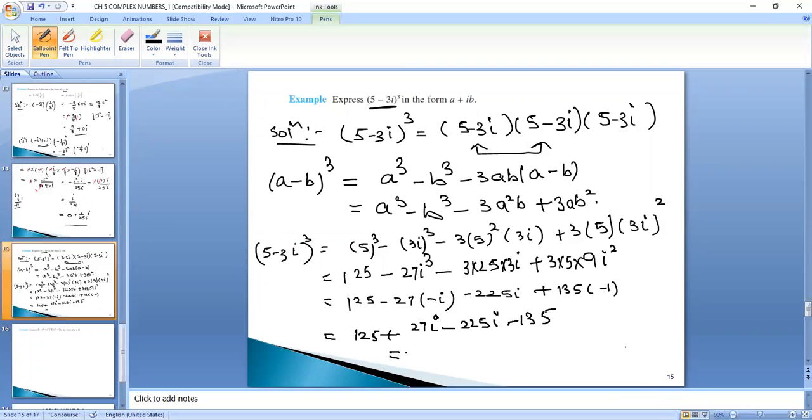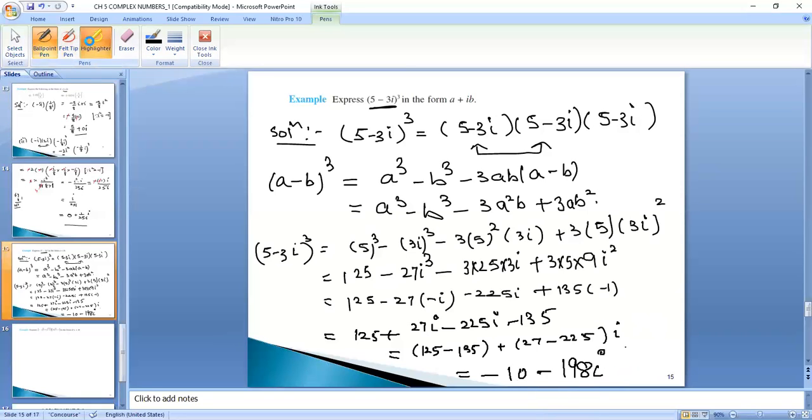Real terms in one bracket, imaginary terms in another bracket. It is 125 minus 135 plus 27 minus 225 i. 135 minus 125 is 10, but the bigger term has the negative sign, therefore it will be −10. 225 minus 27 is 198, but the bigger number has the negative sign, so it will be −198i.